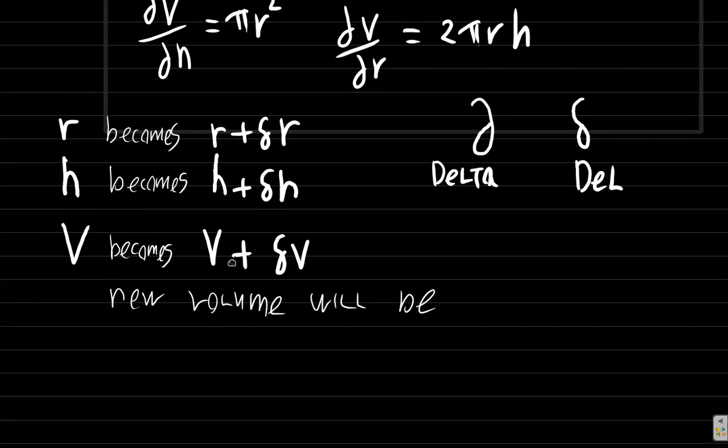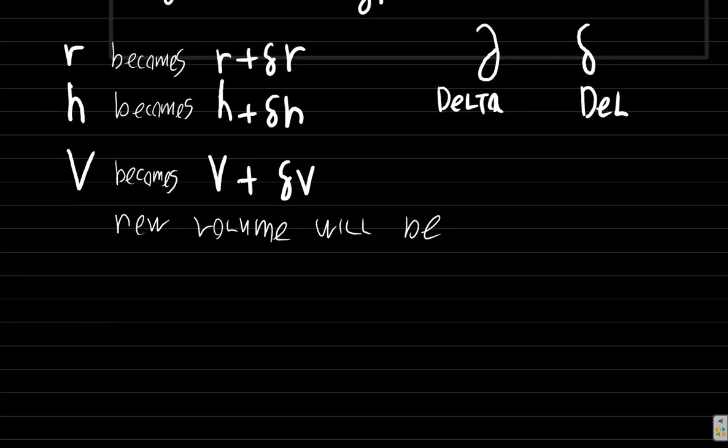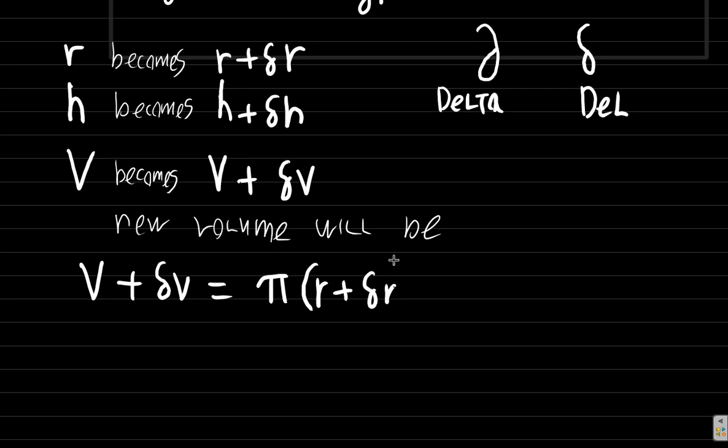The new volume will be what? Let's find out. Well, we know that the volume is pi r squared h. So V plus a small change in V is going to be pi times the new r, r plus a small change in r, squared, times h plus a small change in h, which is the new h. So we have all of that. Alright?